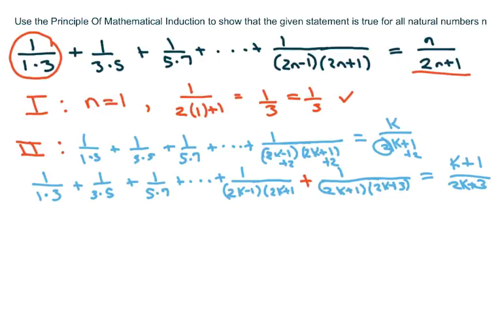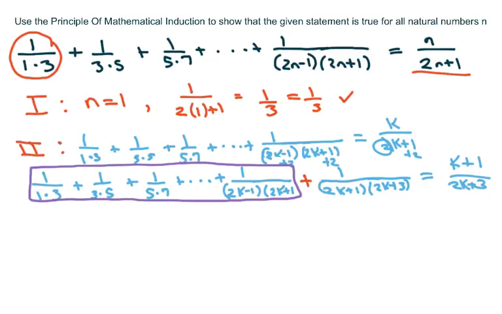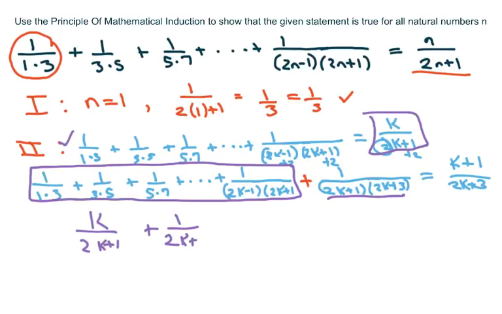We know that this statement here, which is this line here, equals k over 2k plus 1. So I just substituted, and now I'm going to add my new term, which is 1 over 2k plus 1 times 2k plus 3. And this should equal the right side, which is k plus 1 over 2k plus 3.